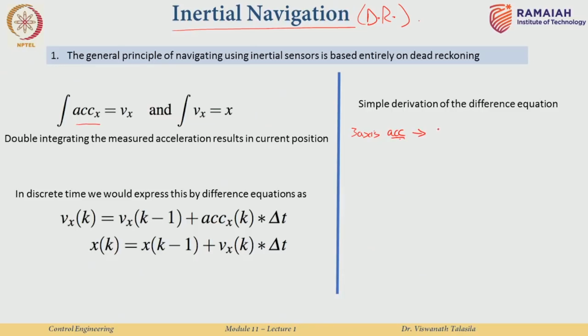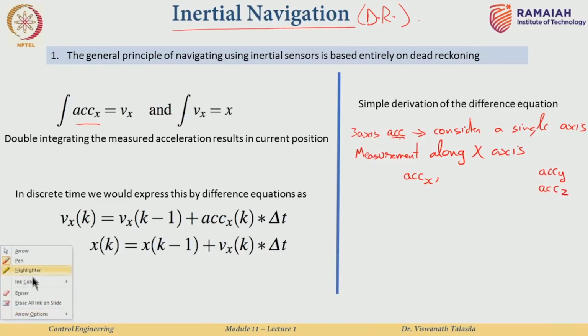We consider a single axis, let us say the x axis, you could also consider y or z, and the measurement along that x axis we can denote simply as ACC underscore x, and along the y, which I am not mentioning here, would be ACC underscore y, along the z axis ACC underscore z.